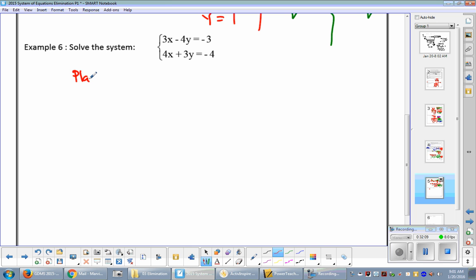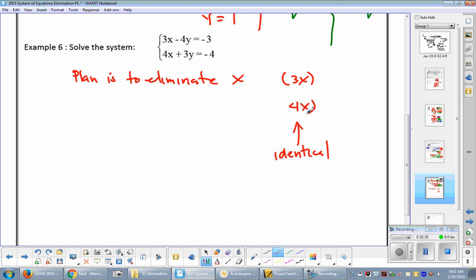Okay, the plan here is to eliminate x. So I have 3x and I have 4x. We want this to be identical. So what should I multiply to 3x and what should I multiply to 4x so that they will be identical?